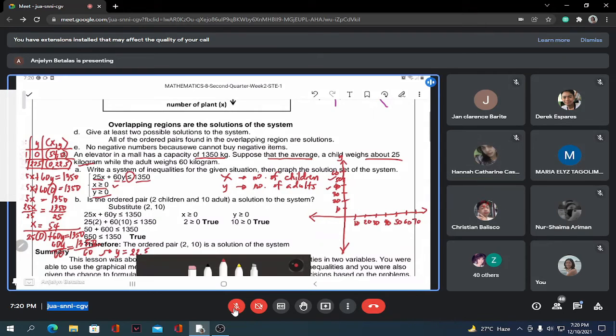So we estimate. 54, 0, and the other one, 0, 22.5, is between 20 and 30. So connect the two points.